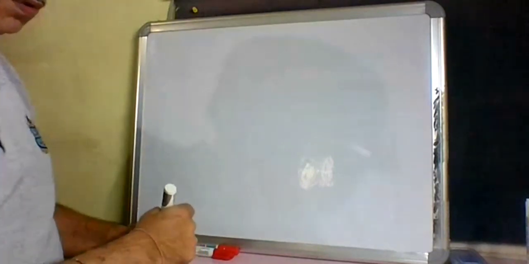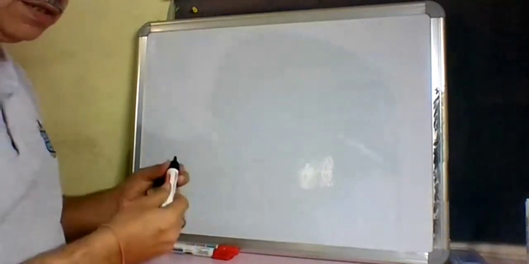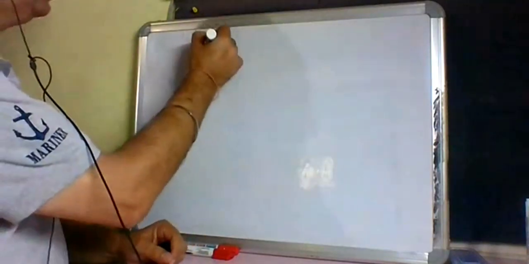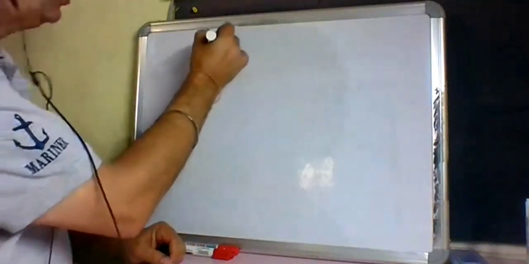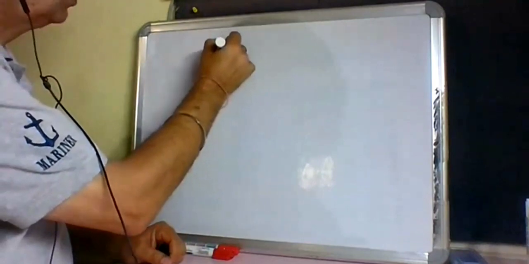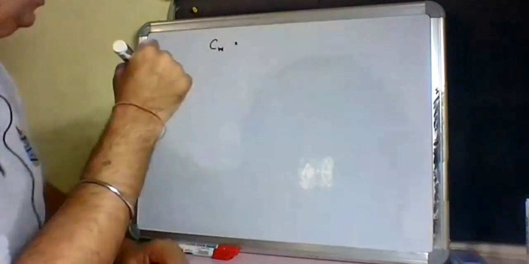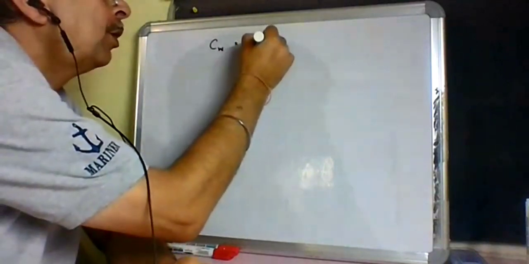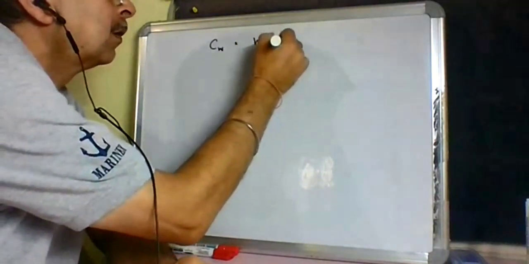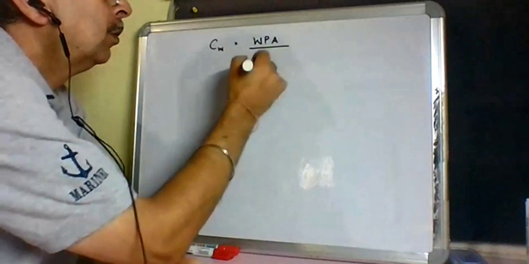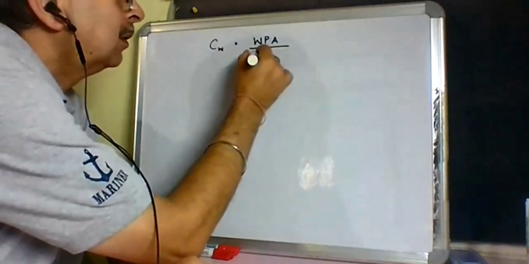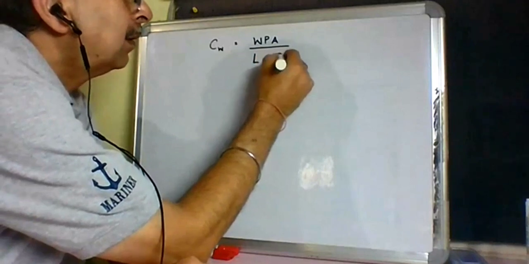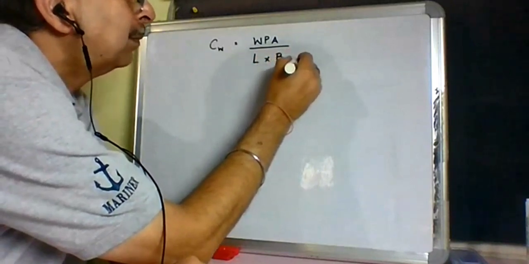So, your water plane area, you can find out. There is something called the area coefficient, CW. Area coefficient is a ratio of water plane area to a rectangle having length maximum and breadth maximum.